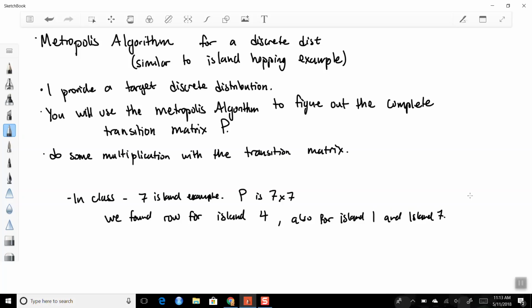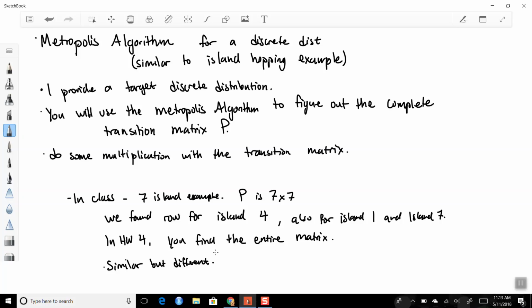And then in homework 4, you find the entire matrix. So on the test it's similar, but it's different. It's not going to be the same, all right? Similar but different, to this thing of having a discrete distribution.